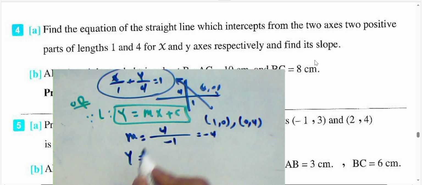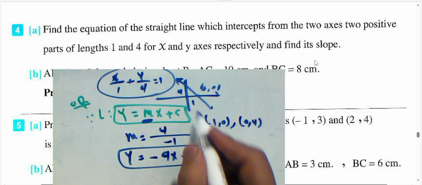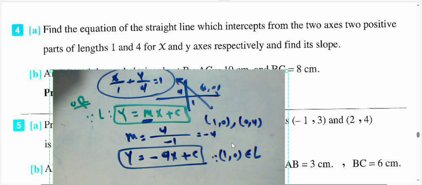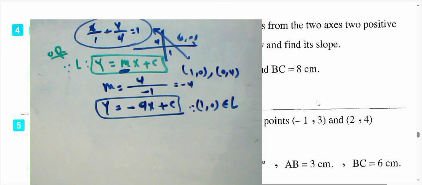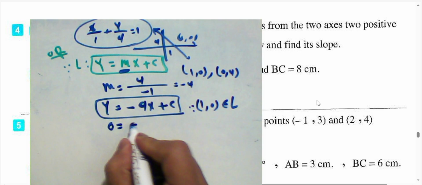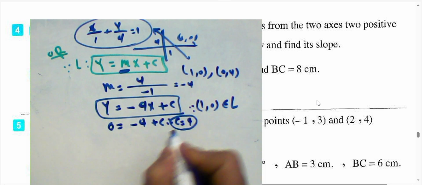Then the equation: y equals, putting m equal to negative 4, negative 4x plus a constant. Put any point like (1, 0) on the straight line L, then this point satisfies the equation. We can put x equal 1 and y equal 0. Then 0 equals negative 4 plus the constant, so the constant will be equal to 4.